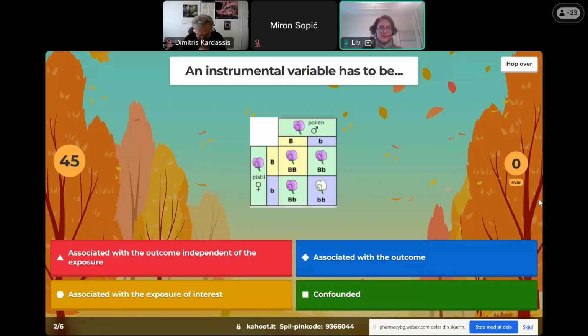An instrumental variable has to be associated with the outcome independent of the exposure, associated with the outcome, associated with the exposure of interest, or confounded. This one's a bit harder.